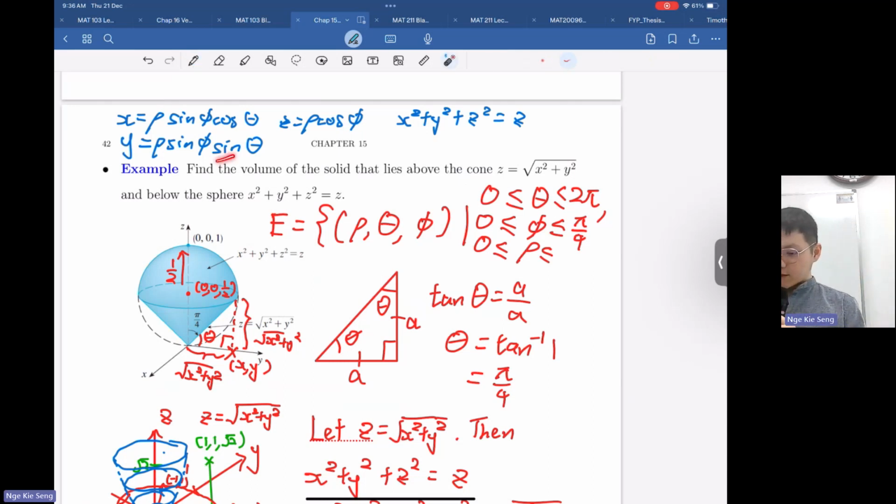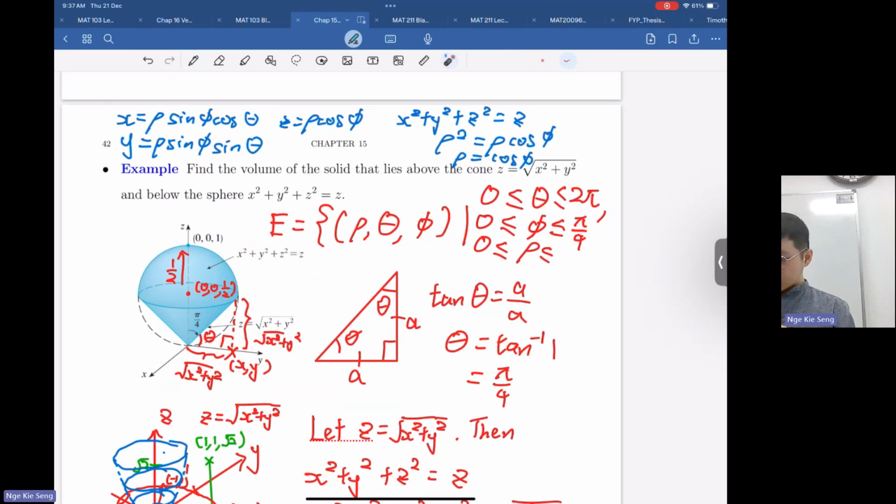You substitute all the changes of variable into the equation. So what is x squared plus y squared plus z squared here? This sphere will satisfy the equation rho equals cos phi.